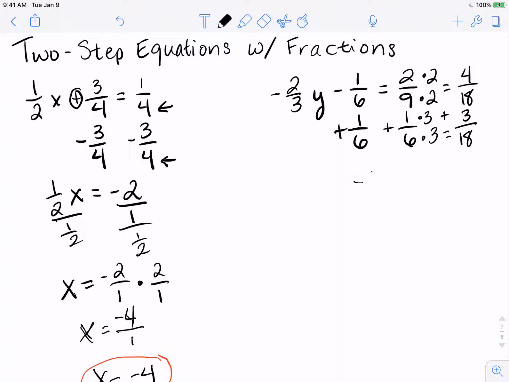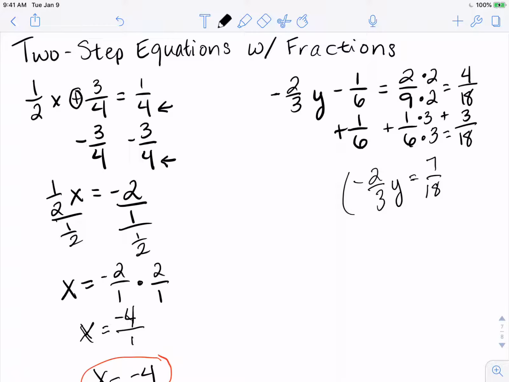So we get -2/3 y equals 7 divided by 18. All right. So now we can divide both sides by -2/3, which is the same as what? Multiplying by the reciprocal. Or if you said multiplying by -3/2, you would also be correct.